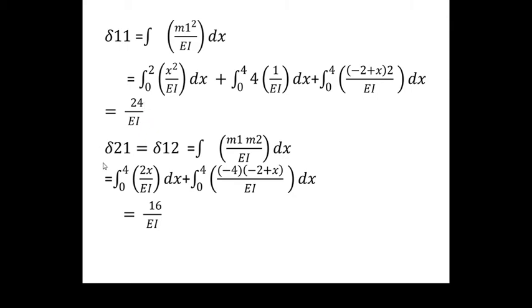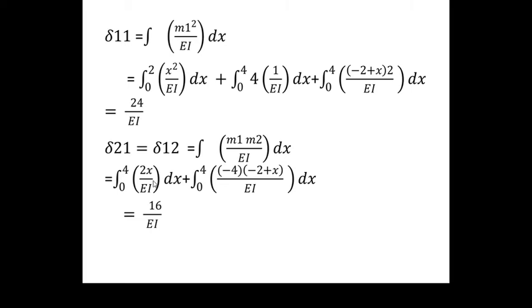Similarly we get delta 21 is equal to delta 12. What is equal to the integration of m1 m2 divided by EI dx. In that case it is equal to integration 0 to 4, m1, that 2x divided by EI into dx, plus integration 0 to 4 of minus 4 of minus 2 plus x divided by EI into dx.